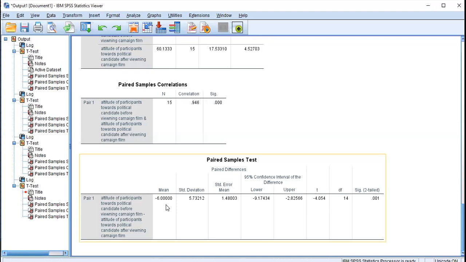H0: mu before film minus mu after film equals 0. Alternate hypothesis: there's a significant difference in the attitude of the participants towards the political candidate after watching the campaign film.